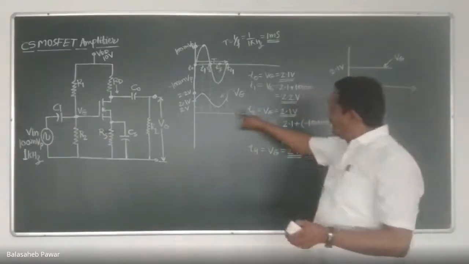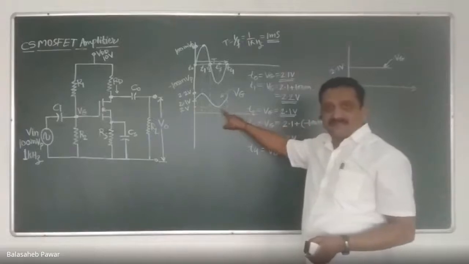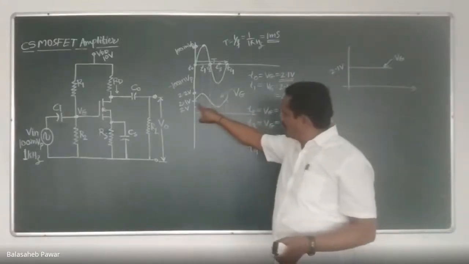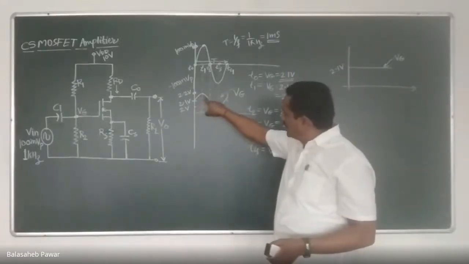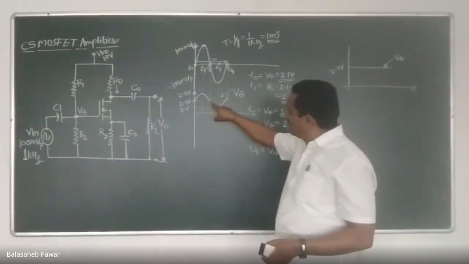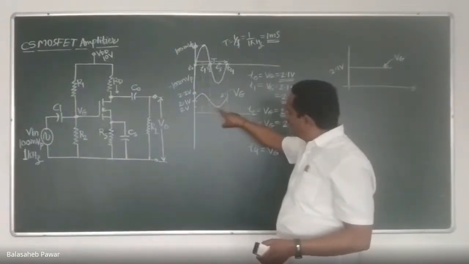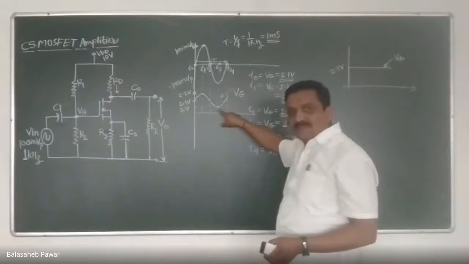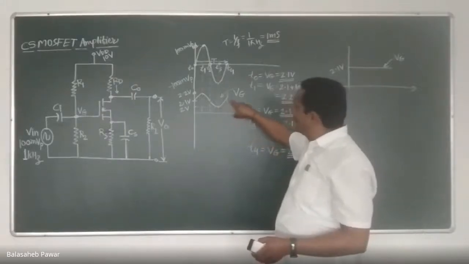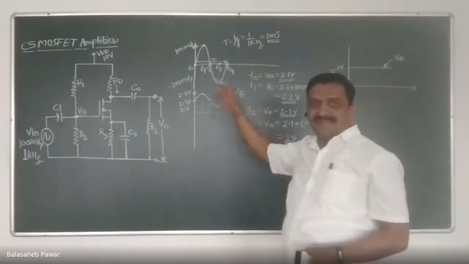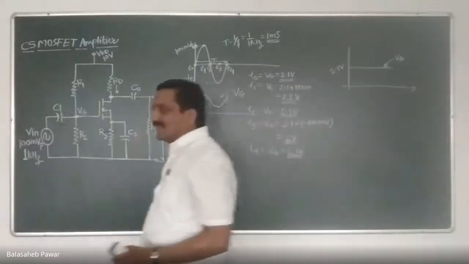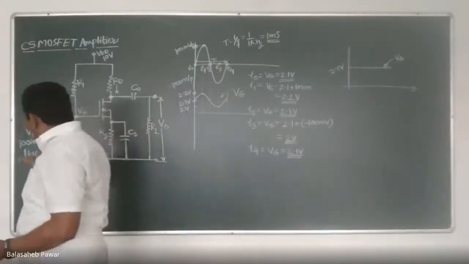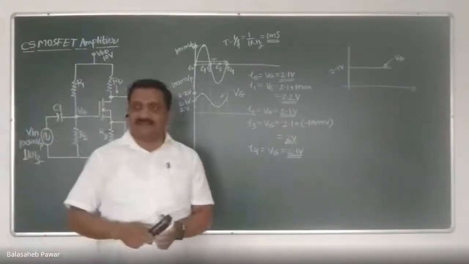But this VG never goes to zero, remember. It varies from 2.1 to 2.2, 2.2 back to 2.1, then from 2.1 to 2 volts, and from 2 volts back to 2.1, and this cycle will repeat whenever that input of 100 millivolt peak is there.